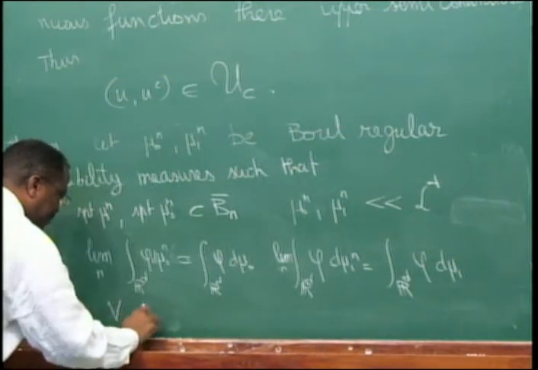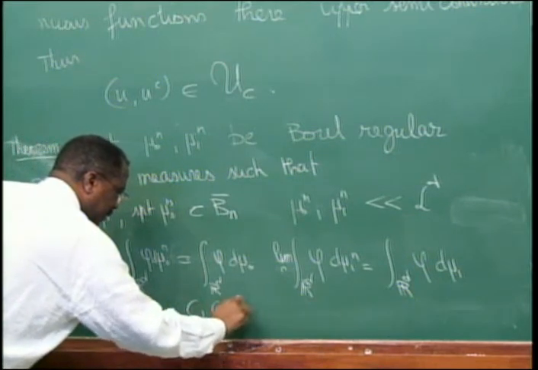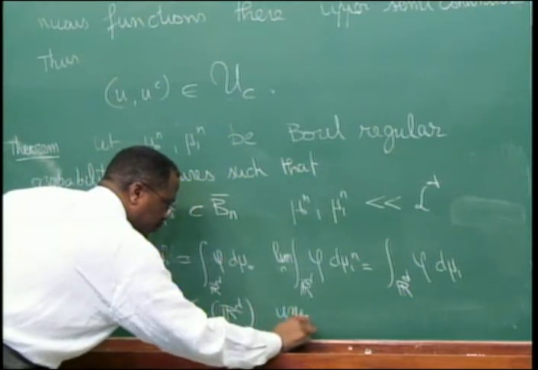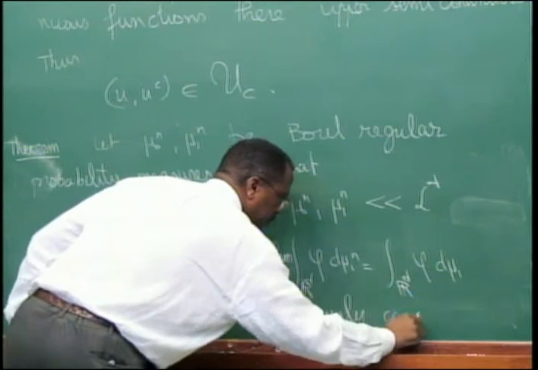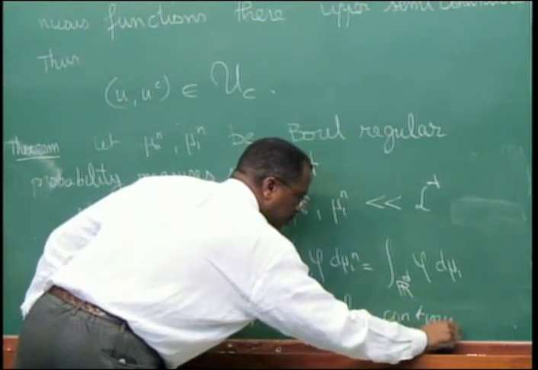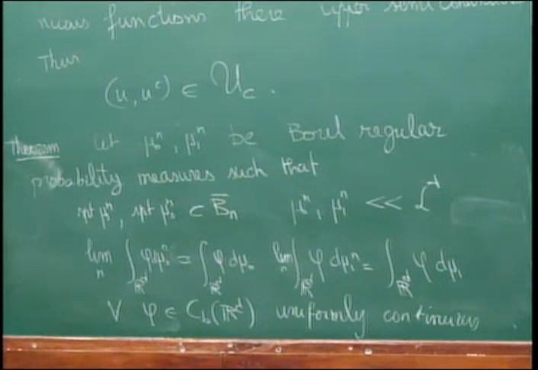This for every phi which is bounded and uniformly continuous. Okay. So we saw that given mu naught, a Borel probability measure, you can approximate it by such a subsequence. And so making this assumption is reasonable. It is not something empty.